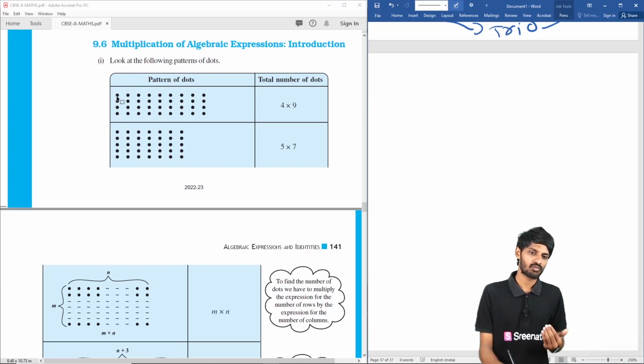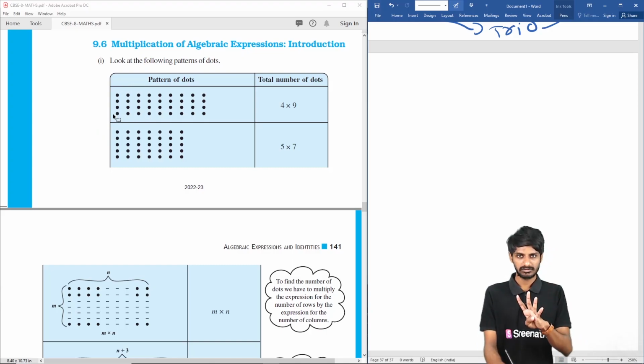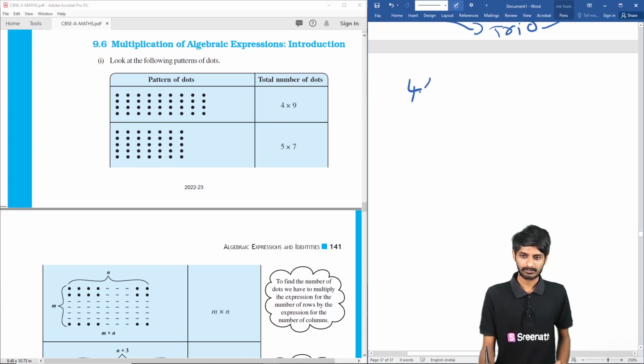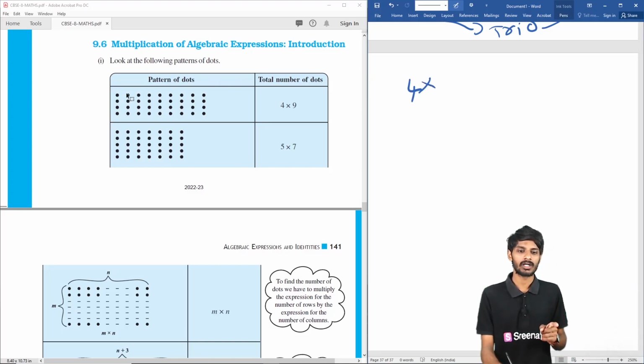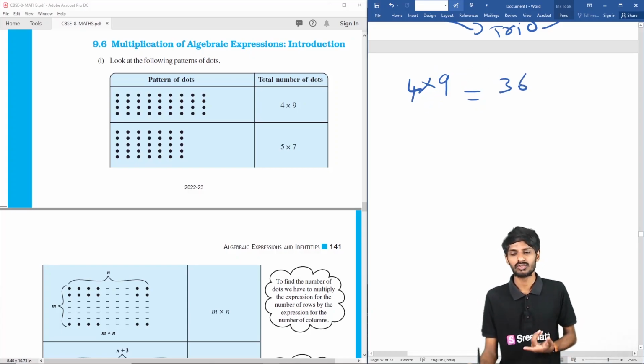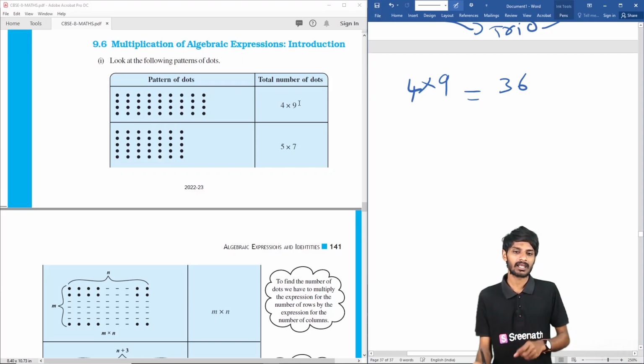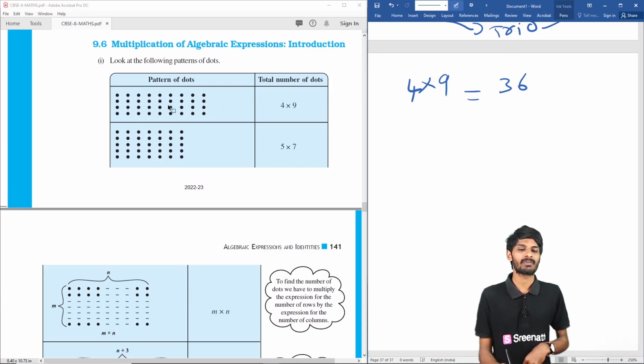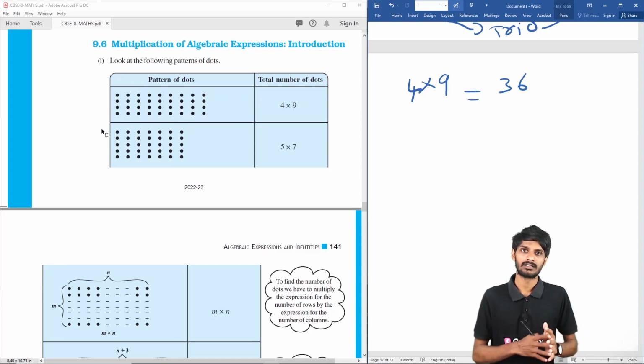How many rows? 1, 2, 3, 4. There are 4 rows. Into how many columns? 1, 2, 3, 4, 5, 6, 7, 8, 9. 9 columns. There are 4 rows and 9 columns. If I multiply these numbers, I will get 9 fours are 36. So I will say that there are 36 dots in this pattern without counting each dot.